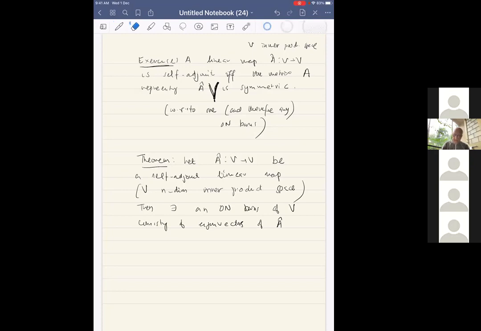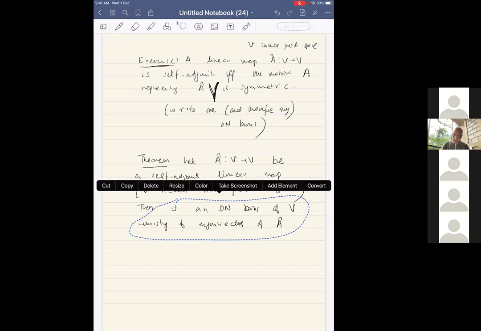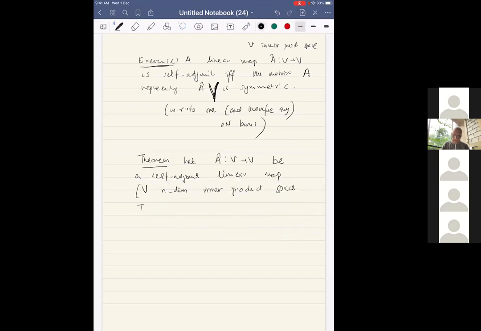So in fact, let me be more explicit. Then all roots of the characteristic polynomial are real, and there exists a basis, an orthonormal basis of V consisting of eigenvectors of A hat.